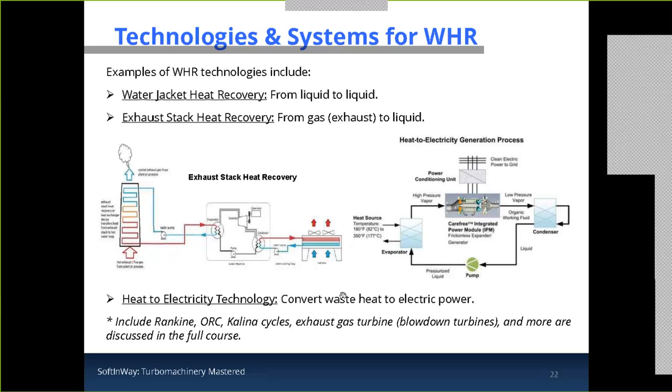Here we're going to be focusing for this particular preview on the last option, which is used to convert waste heat to electric power. This can be done through some different technologies that I'll be mentioning in the next few slides, but they include the Rankine and organic Rankine cycles, Kalina cycles, exhaust gas turbines, also called blowdown turbines, and many more as well.